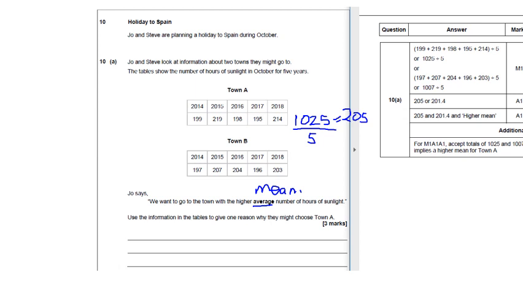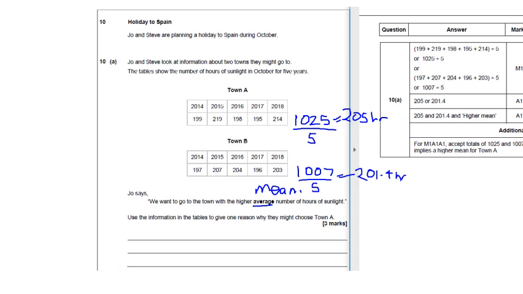Okay, and then these 5 numbers added together, divided by 5, so this is obviously going to be less, equals 201.4. I suppose I should use units, so I could write hours on there, total hours in a month.